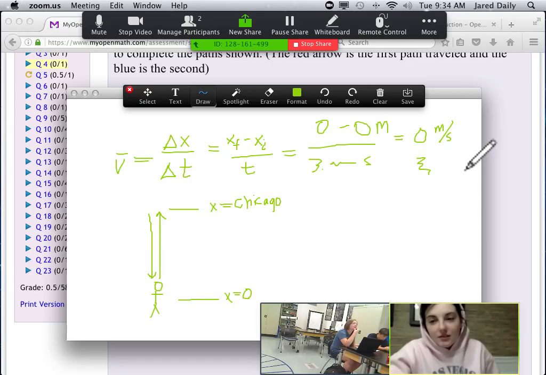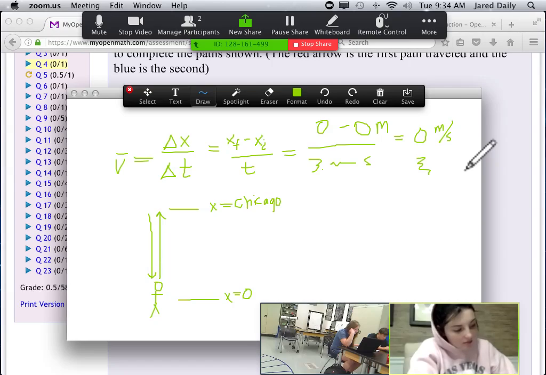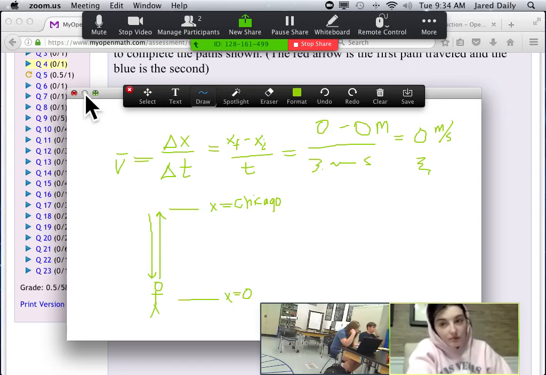But the reason for this is to recognize that velocity is a point-to-point distance. So it's an ending point, beginning point distance. And if you end at the same place that you begin, then your average velocity does end up being 0. Whereas if we were talking about speed, we would have to take the distance that he traveled divided by the time, which is a very different thing, right?